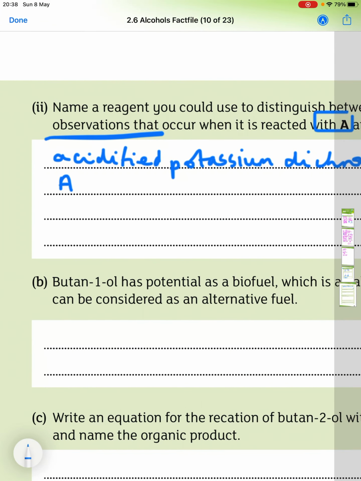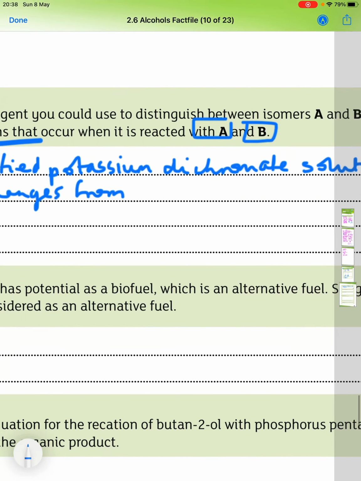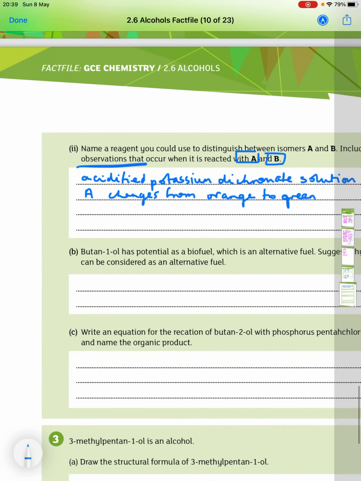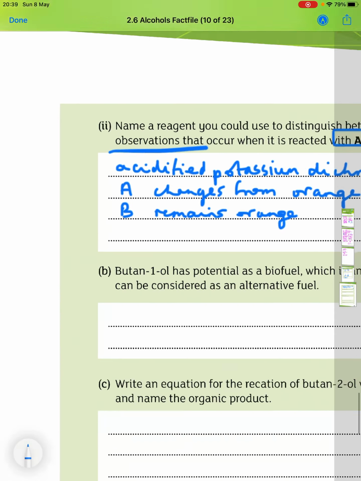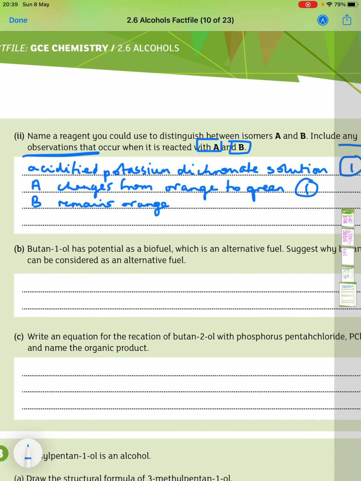So with acidified potassium dichromate, A is going to change from orange to green. That's because oxidation is taking place there. It's a primary alcohol, so it's going to go straight to carboxylic acid if you let it. But with B, there will be no change. It's going to remain orange. B is a tertiary alcohol, so no oxidation is possible.